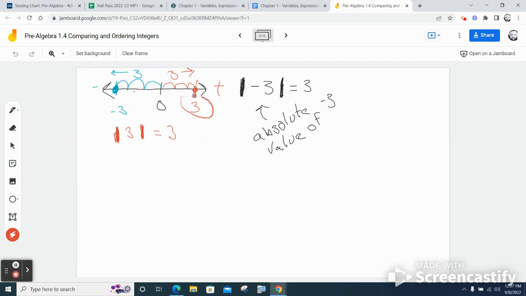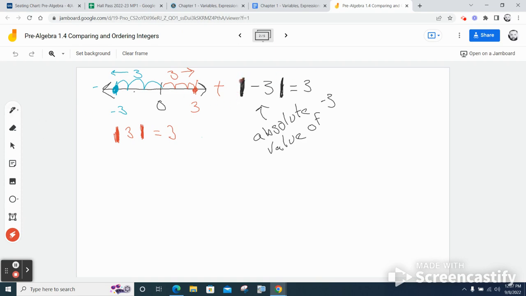Going forwards is +3. But in both cases, the distance that I traveled is 3. In other words, if I start at 0, I go 1, 2, 3 spaces. Now, the negative sign just tells me which direction I went, but I only went 3 spaces.